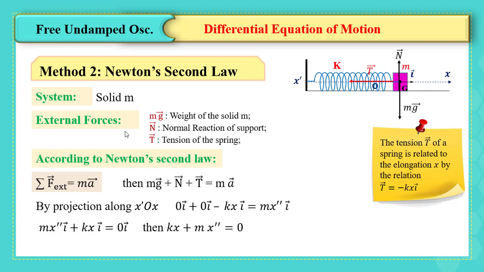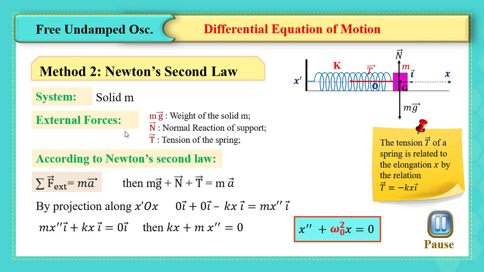Then x double prime plus (k over m) x equals 0, and this is also the second order differential equation. Please pause the video and repeat the two methods by yourselves in your copybook.